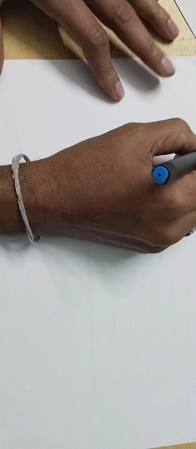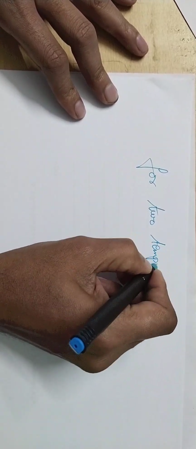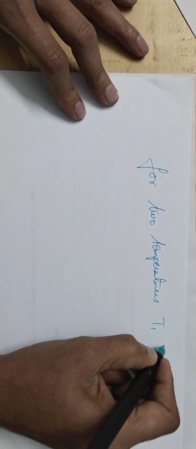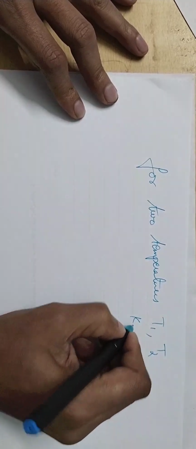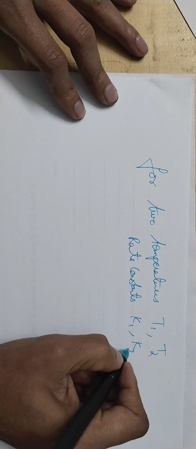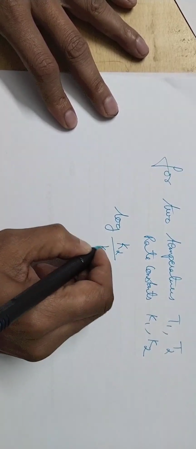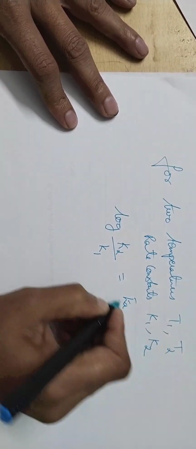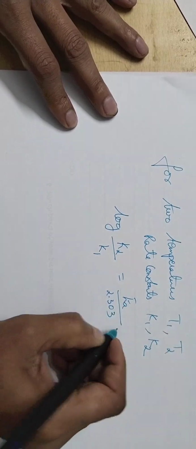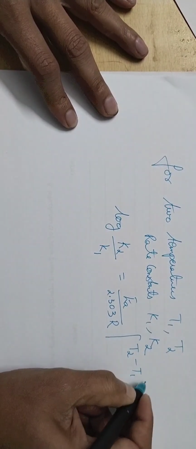Coming to one last formula which is important, which you have to remember: for two different temperatures, T1 and T2, the rate constants will be K1 and K2, and we can write log of K2 divided by K1 is equal to EA divided by 2.303 multiplied by R, into T2 minus T1 divided by T1 T2.